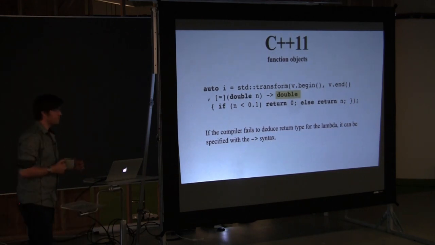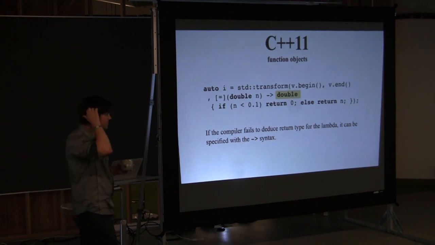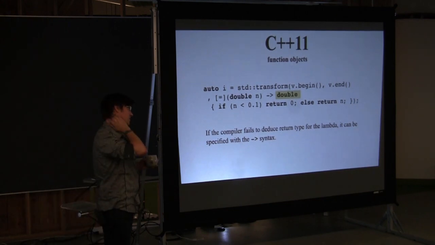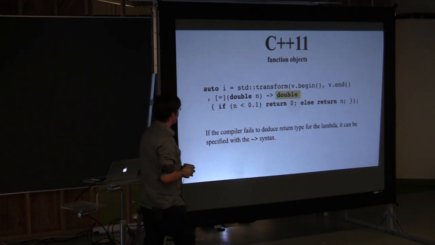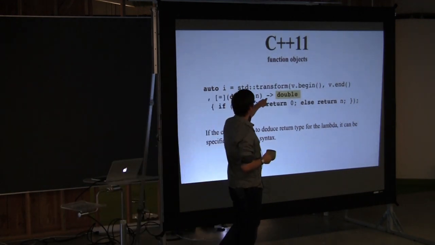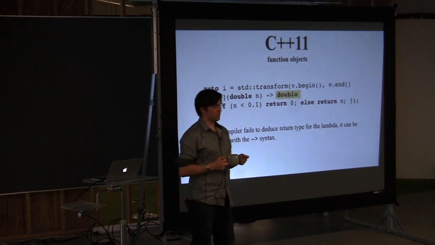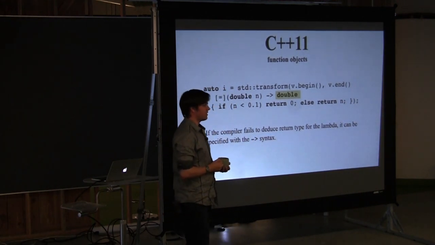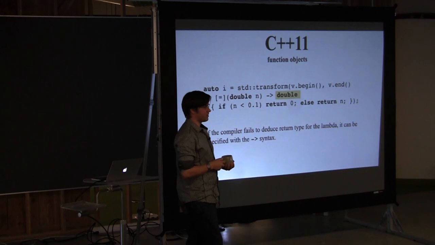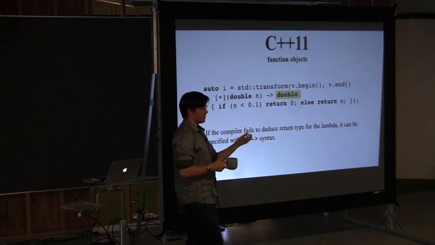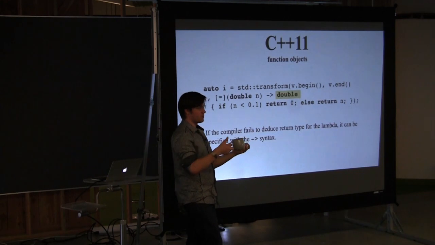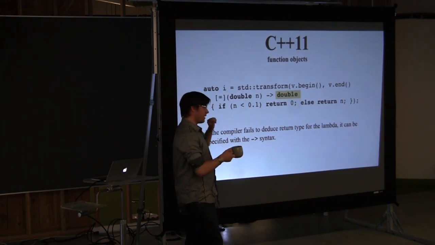Wait, why? I don't understand. This syntax with the arrow and return type actually extends to normal functions as well these days. It turned out that when you want to get fancy, let's say you want a template function that does template A plus template B and returns the result.